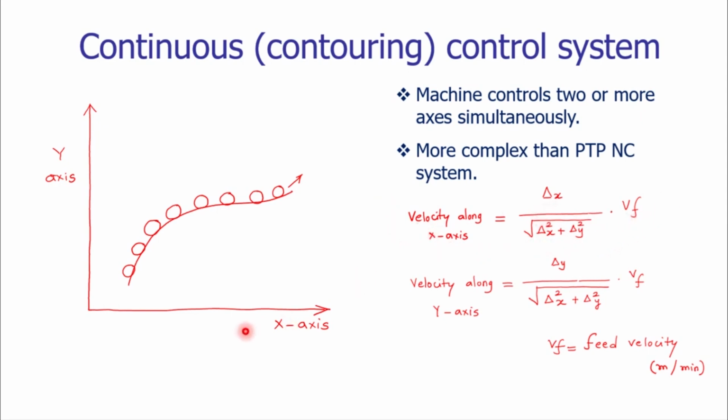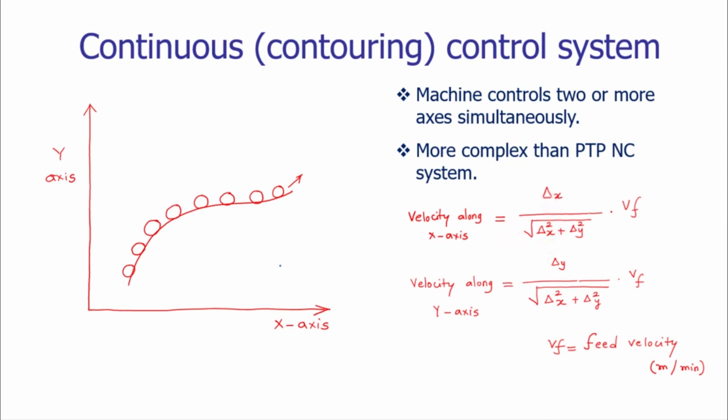So delta x is the movement along the x-axis, delta x divided by the square root of delta x square plus delta y square, multiplied by the feed velocity, that is the feed velocity decided by the programmer, decided by the end user. So based on that we can easily compute the velocity along the x-axis by using this correlation.